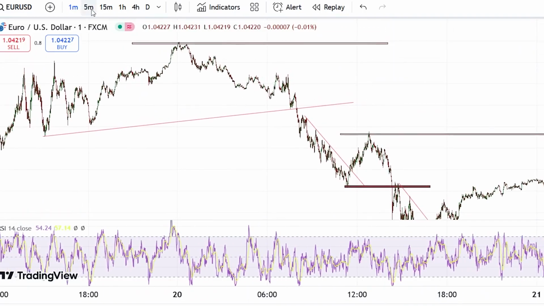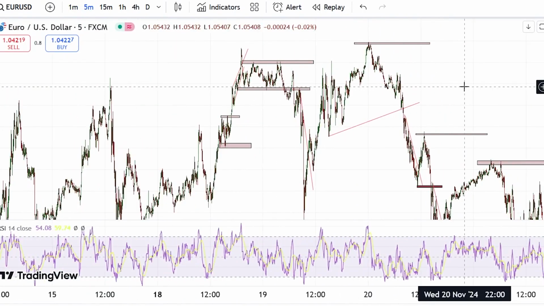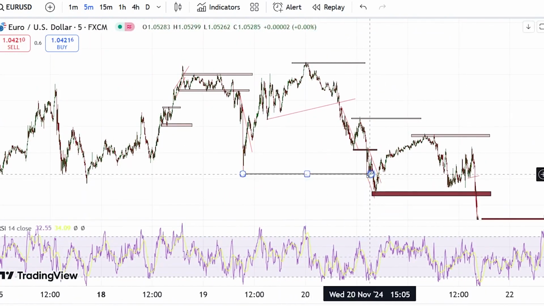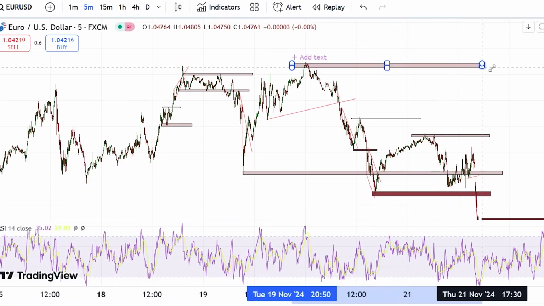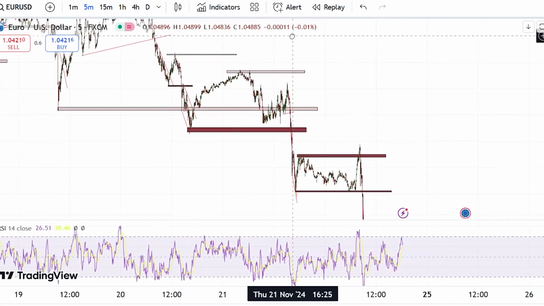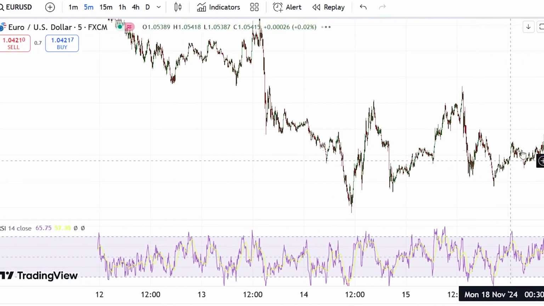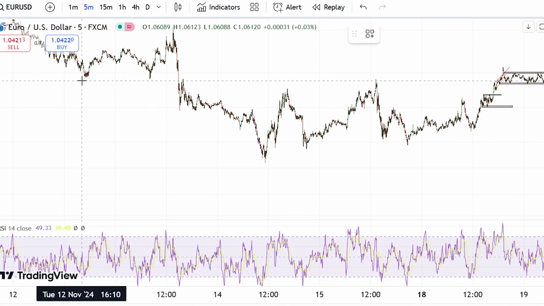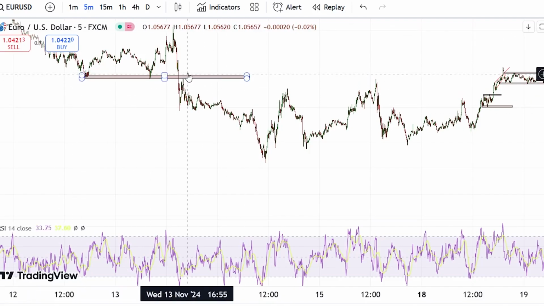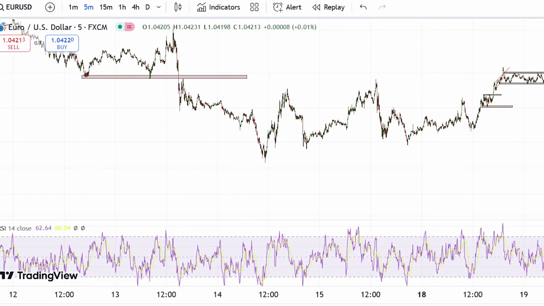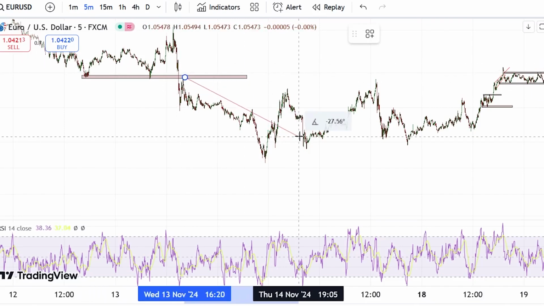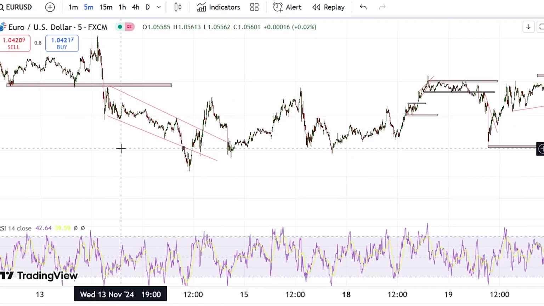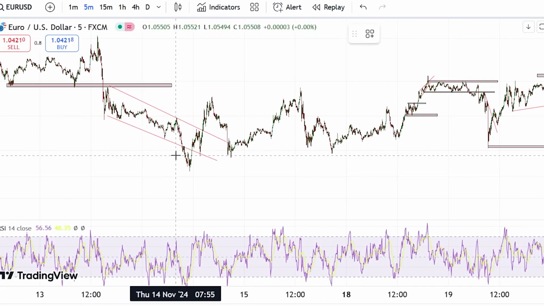Very big trading range. If I go one time frame lower, in this zone and this upper zone. Here in the 5 minutes time frame, we had this support zone broken by a spike, so we go through a channel after that, and then a trading range.